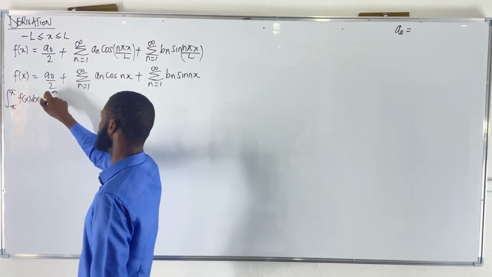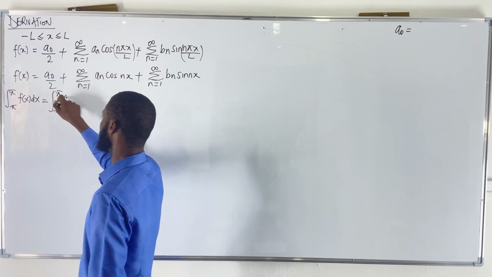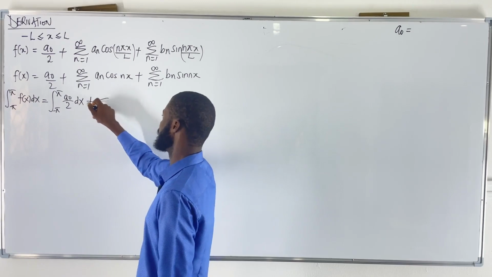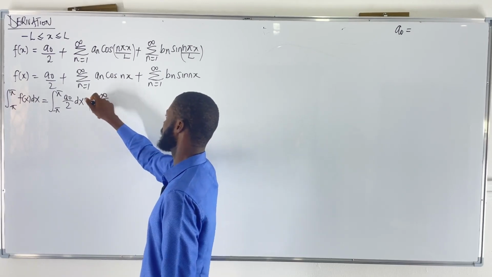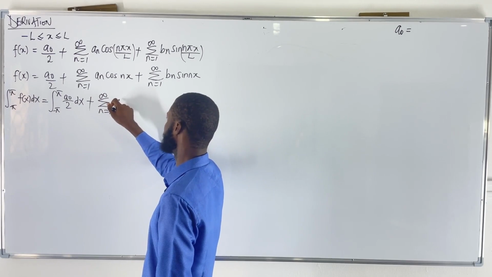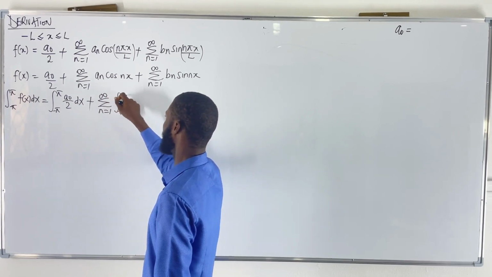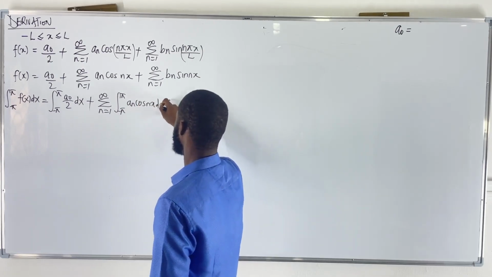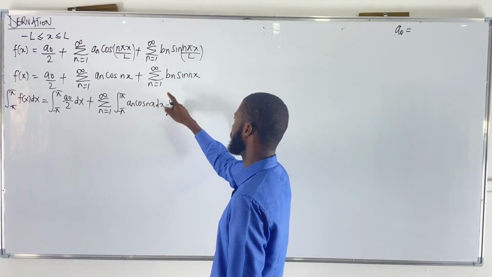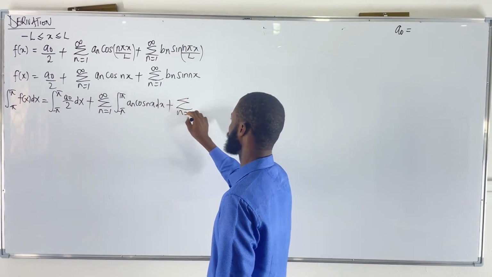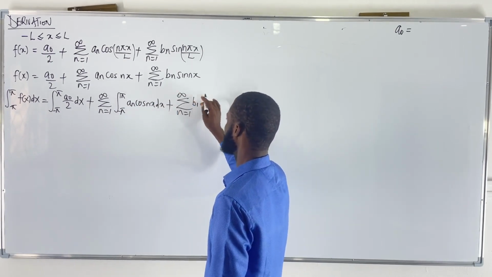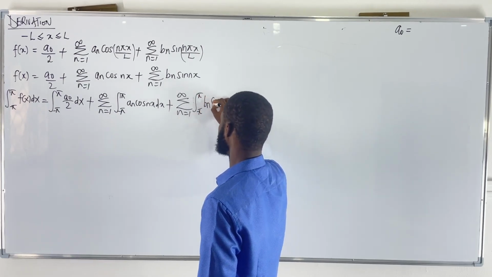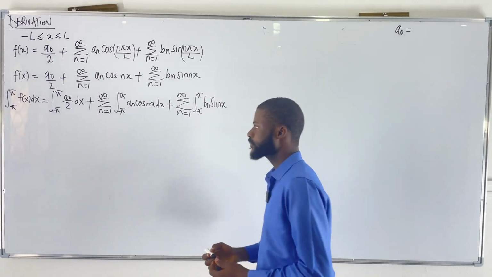Also, we're going to integrate from minus pi to pi a naught over 2 dx plus the sum from n equal to 1 to infinity of the integral from minus pi to pi of a sub n cos nx dx plus the sum from n equal to 1 to infinity of the integral from minus pi to pi of b sub n sine nx.